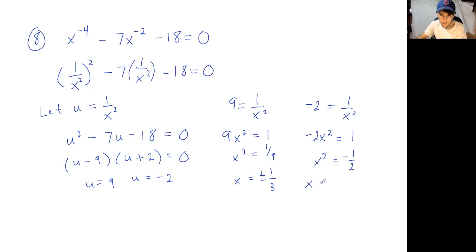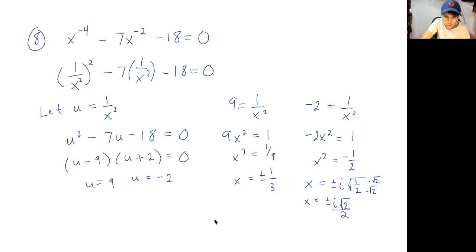So I'm going to get that x is equal to plus or minus i root 1/2. We'd love to rationalize this, right? Because we don't want to have this radical in the denominator. So we'd multiply the top and the bottom by root 2. So this is going to be plus or minus i root 2 on the top over 2.